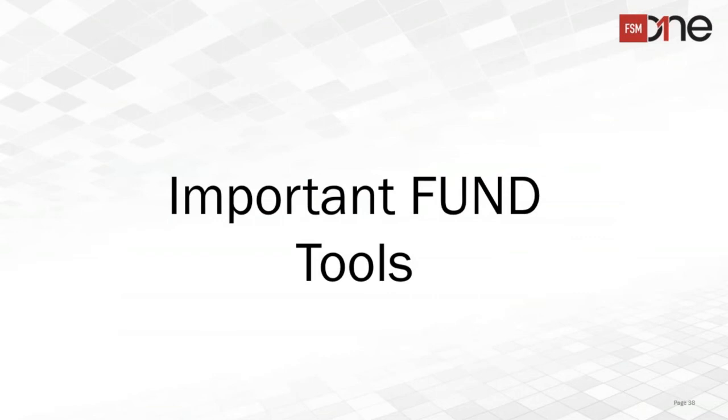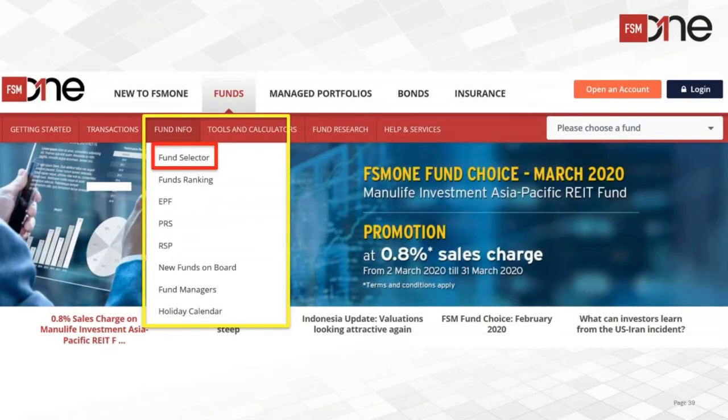So moving further, I will share with you some important fund tools that we believe will help you in making a better investment decision before you start your investment. In fund tools, there are two more important tabs.